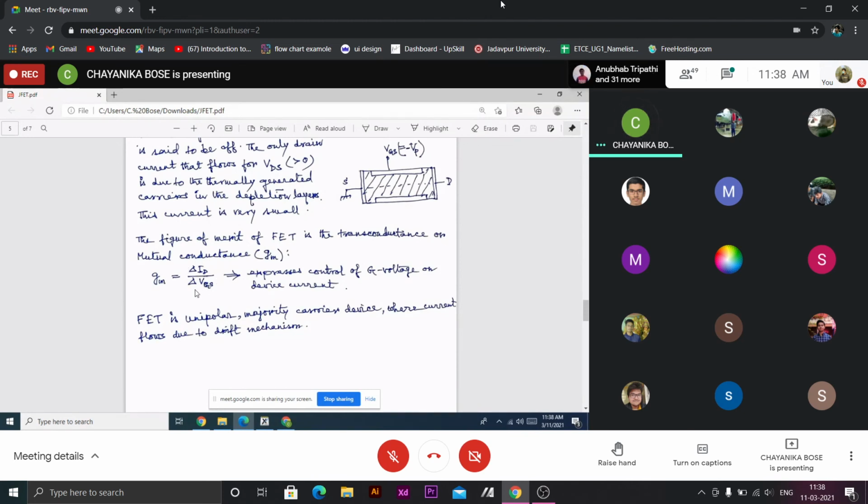So this gives the change in drain current by change in gate voltage. It gives the transconductance or mutual conductance, because we are considering current in one terminal and applying the voltage at the other terminal. So this implies the control of gate voltage on device current.